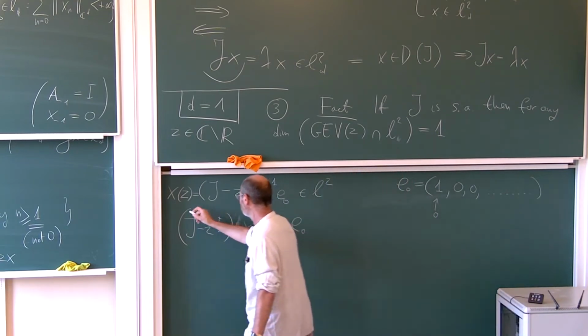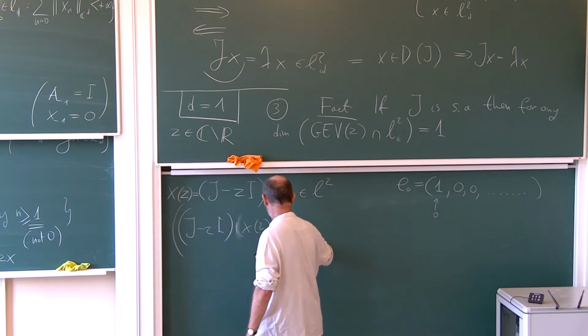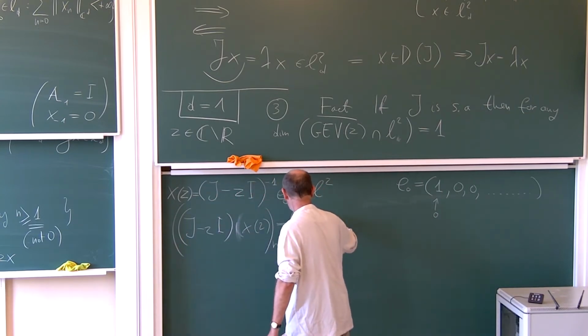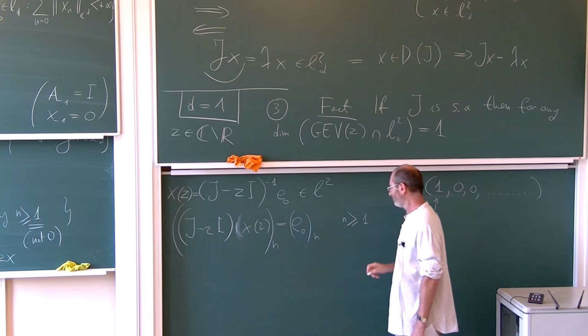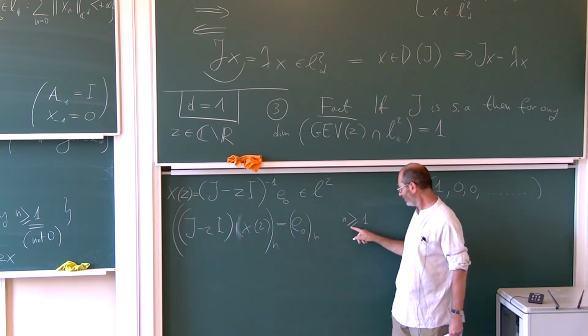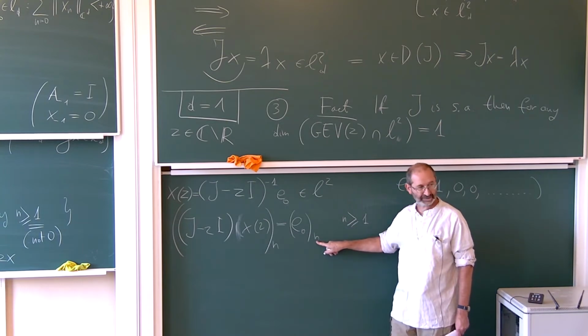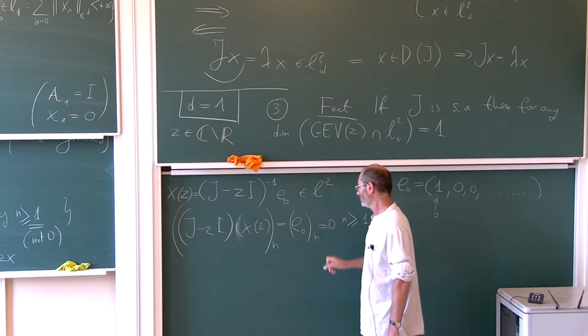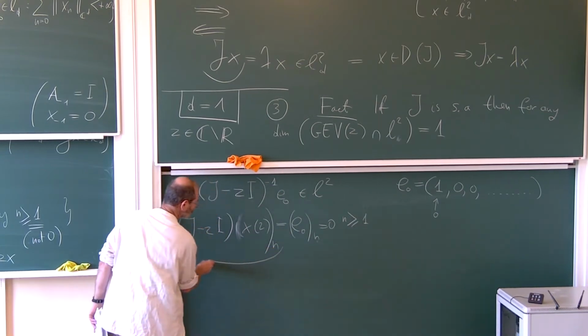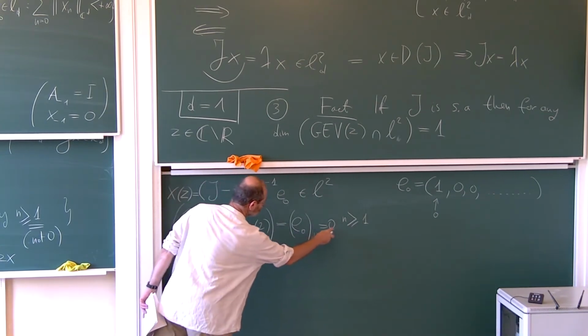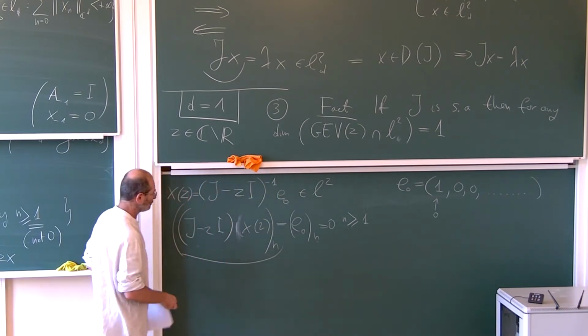We take the number n greater or equal to 1. For n greater or equal to 1 we obtain 0 here, and this means this condition holds and is equal to 0 for all n greater or equal to 1.